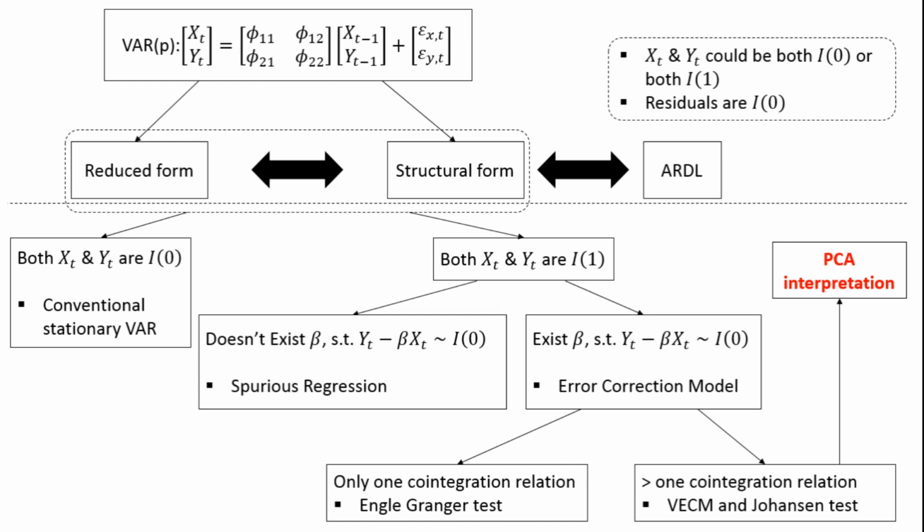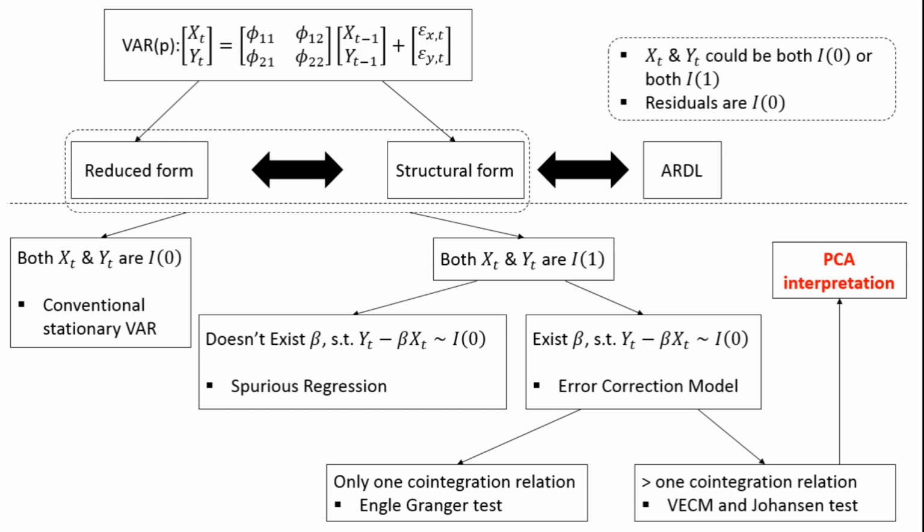But in the situation in which both xt and yt are integrated, and there doesn't exist a beta such that yt minus beta xt is stationary, we have the problem of spurious regression.